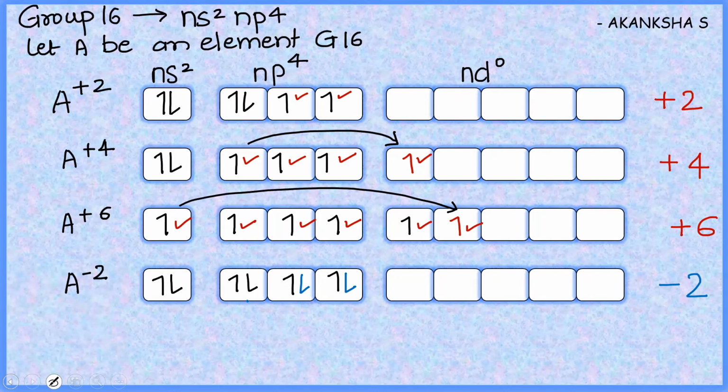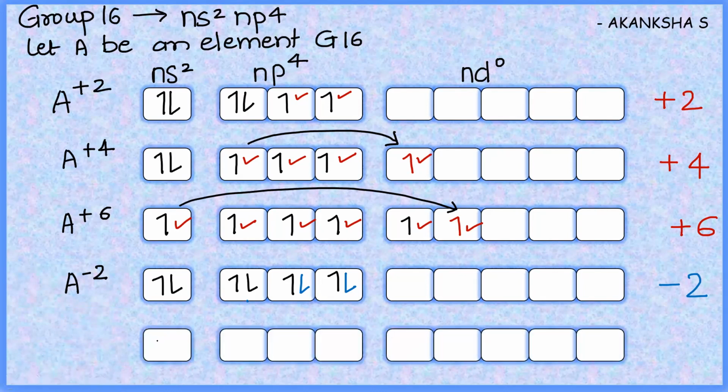Now, one more way in which we can work. It is a very rarely occurring way, but yes, it's a possible way. We have ns2, np4. Let's say rather than losing 2 electrons, we only lost 1 electron. So it becomes +1. Rather than gaining 2 electrons, we gained only 1 electron. It becomes -1.